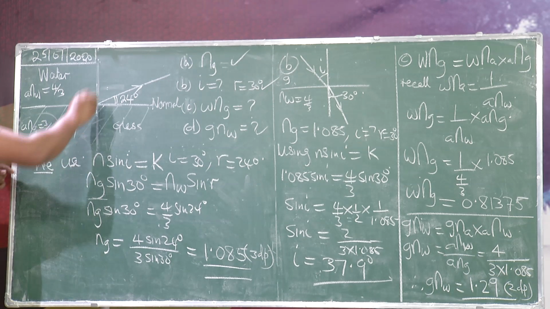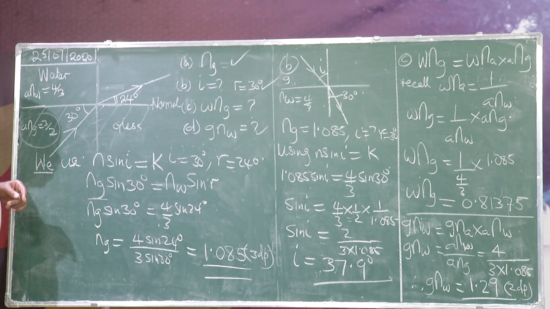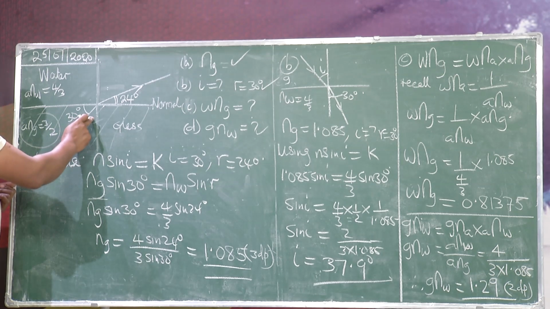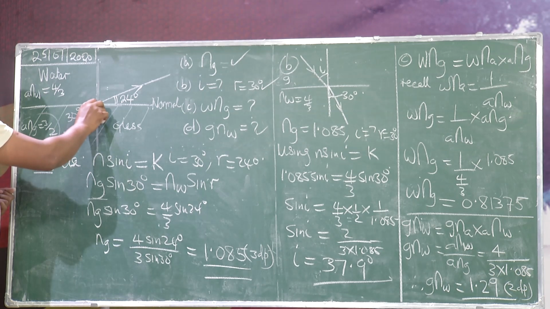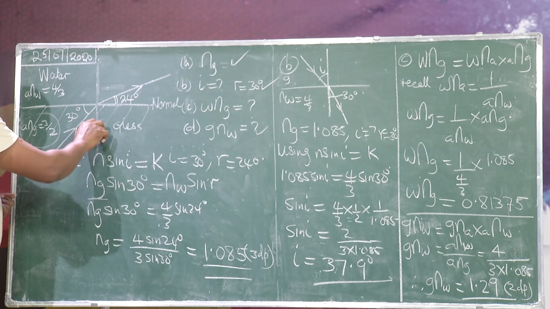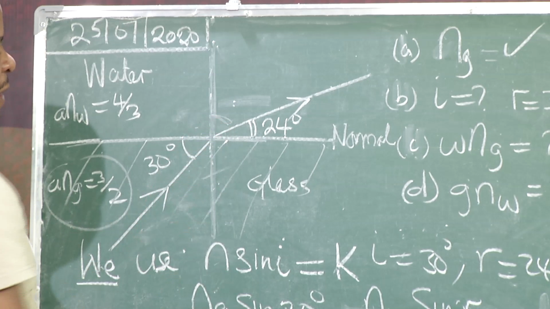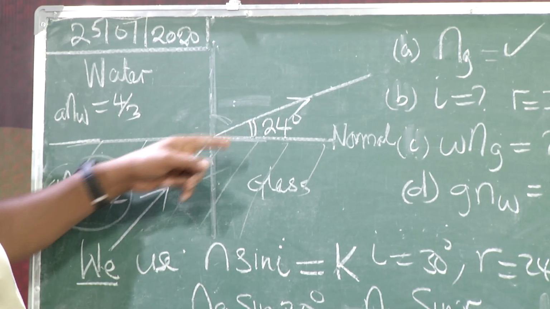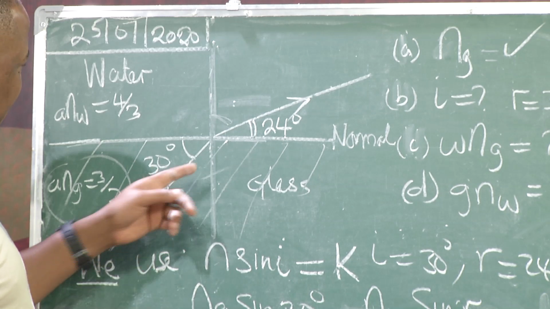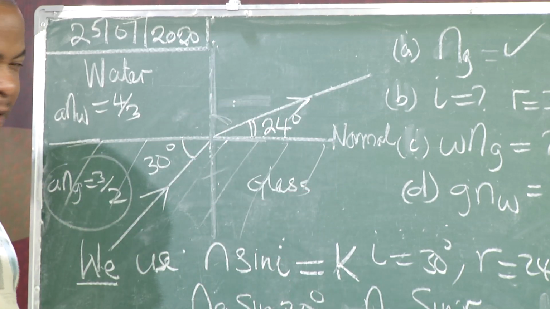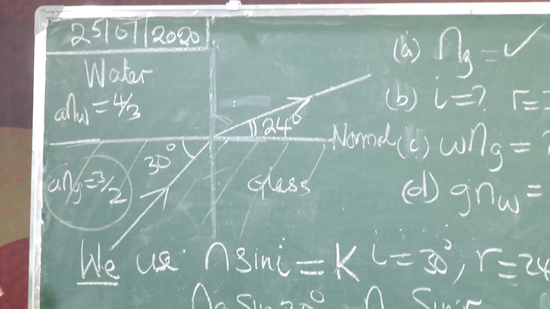For those that assumed the normal to be here, your answers should be correct if you took this as the angle of incidence. And therefore, the angle of refraction, if this was the normal, would definitely be that other angle, which is supposed to be 66 degrees. And therefore, the rest would be done that way.